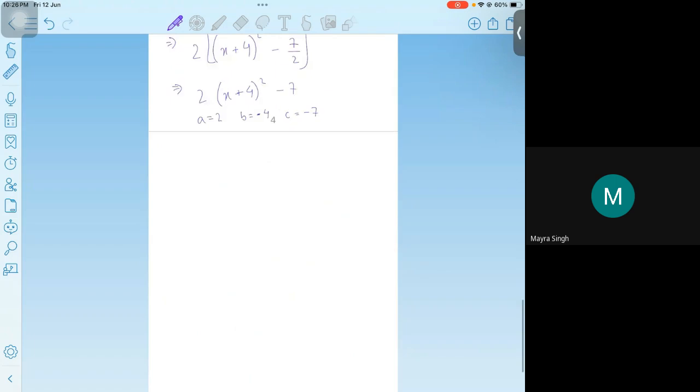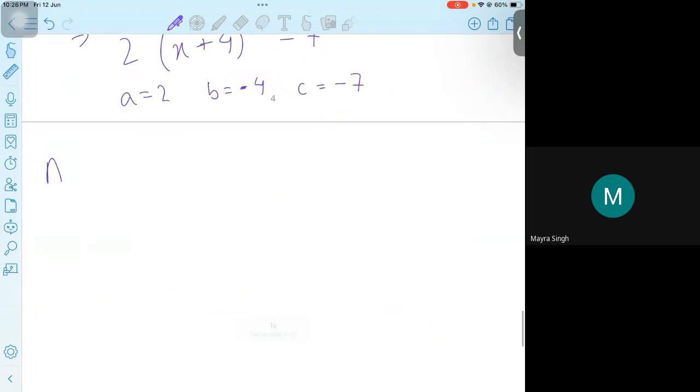So let's move on. Let's do an advanced version of this. Something that does not come very often in the exam, but it comes like once every 3 to 4 years. Okay.